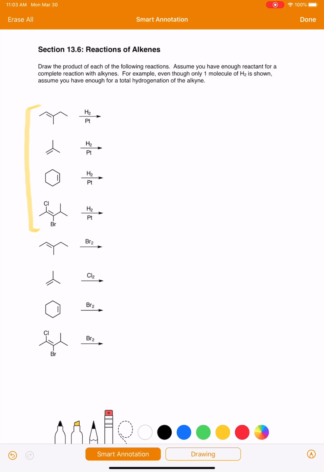When we are doing hydrogenation reactions using line notation, the reaction products are even easier to draw because remember, we don't actually draw hydrogen atoms into the line notation. So when we look at this particular reaction, we can see we have H2 on the top, so that means plus H2, we're adding H2.